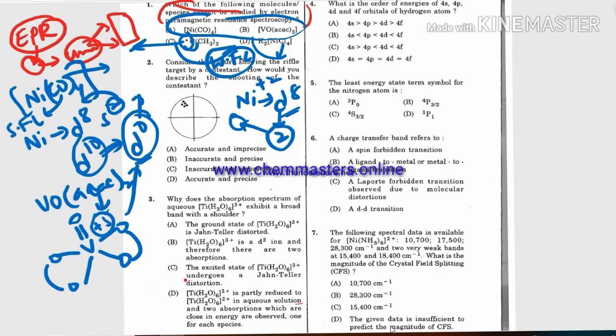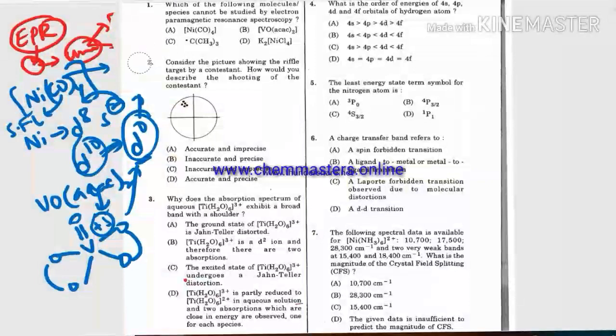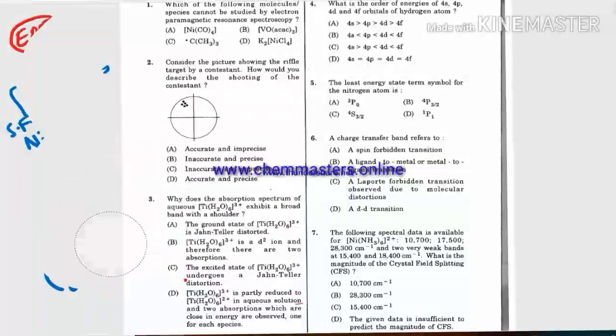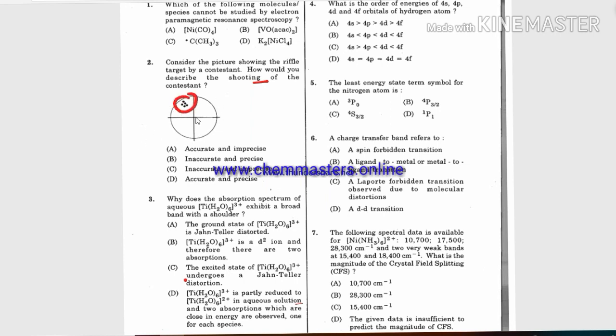Okay, next question. Consider the picture showing the rifle target hit by a contestant. Just observe it. How would you describe the shooting of the contestant? Just observe here, we have all the shots here, and this is the center of the target.